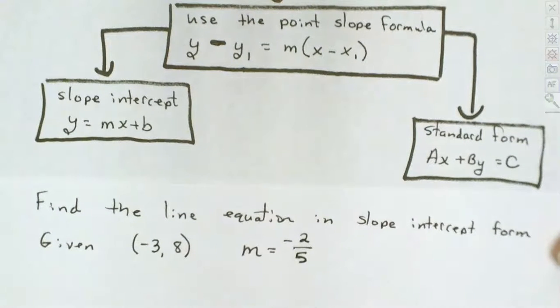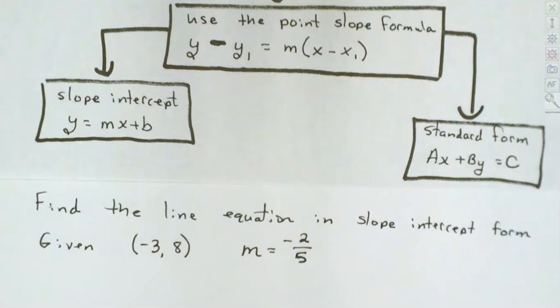Just slowly move up so we can see if we got that first part down. So when we look at these, the first thing we need to identify is what we have. Now, what do we have? We are given a point and a slope. If you're given 2 points, you'll approach this differently. But in this case, we've got a point and we've got a slope.